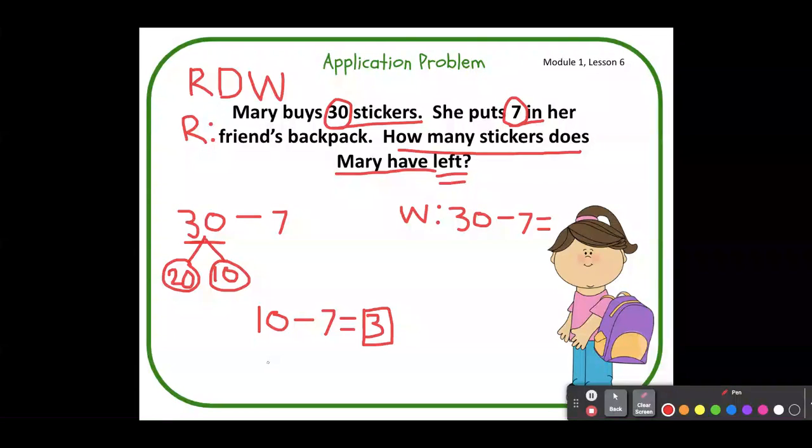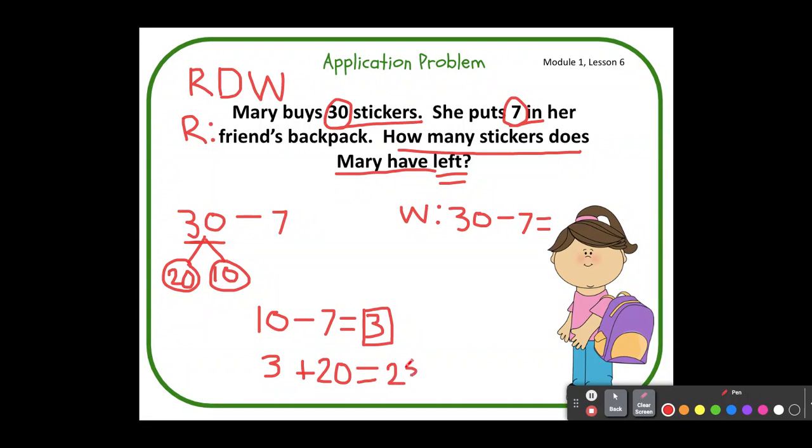Feel free to use your fingers because you have 10 fingers. Bring the number 3 down, your answer, and then add the rest of the number part, which is the 20 here. Now we're going to add it: 3 plus 20 equals 23. So our answer, 30 minus 7, is 23.